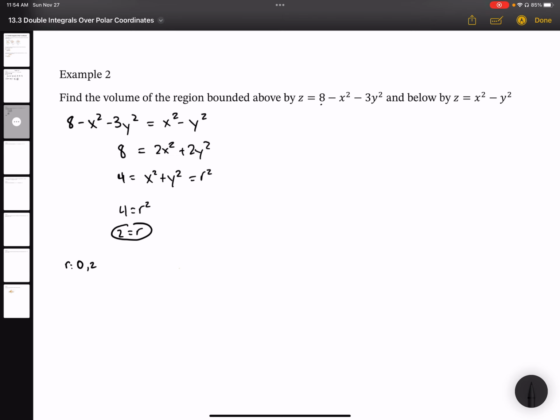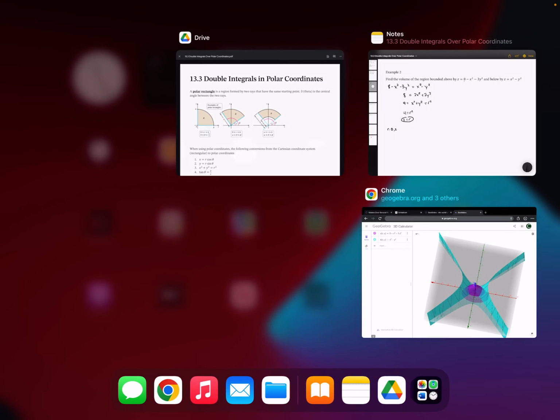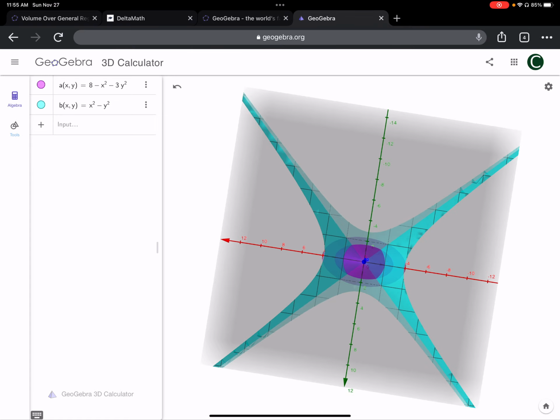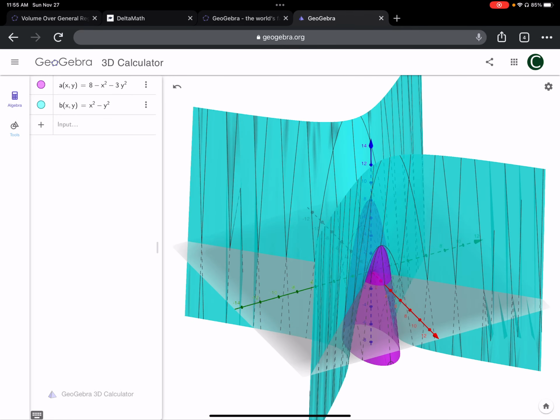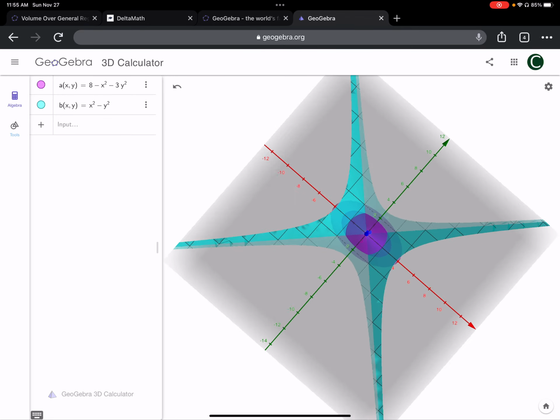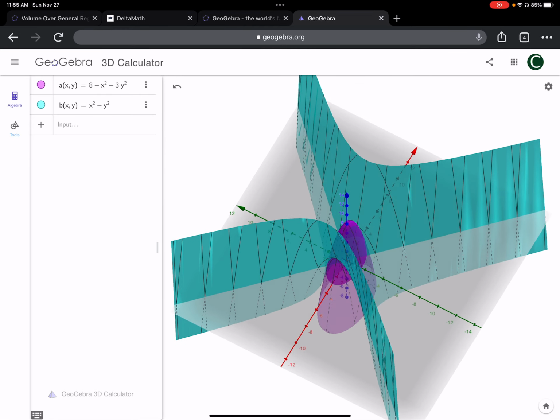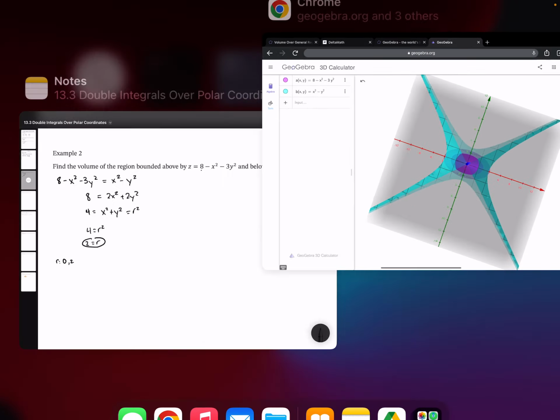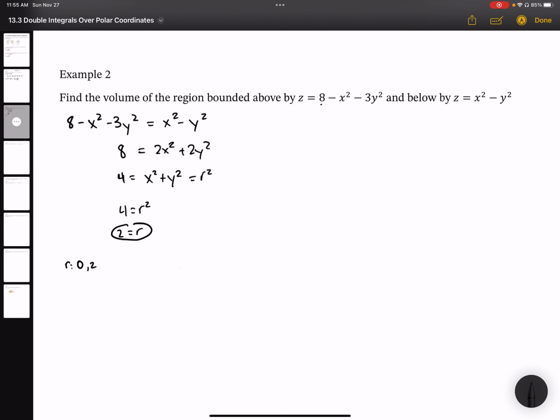Now it's important to understand that we're integrating over a region that can be projected down to the XY plane. And so that's going to occur when z equals 0. There are two ways to do this, and we'll do it the easier way.